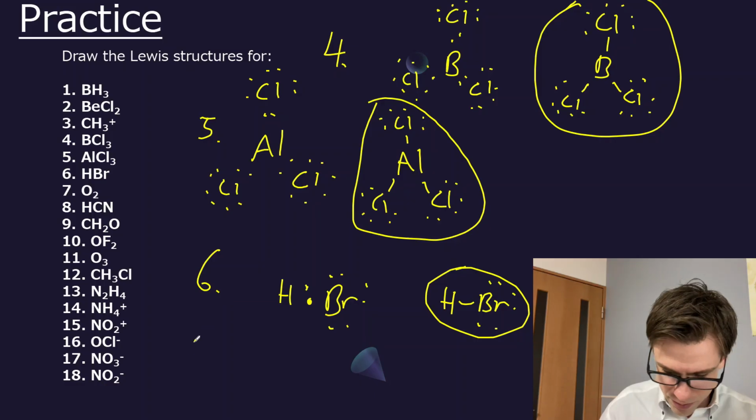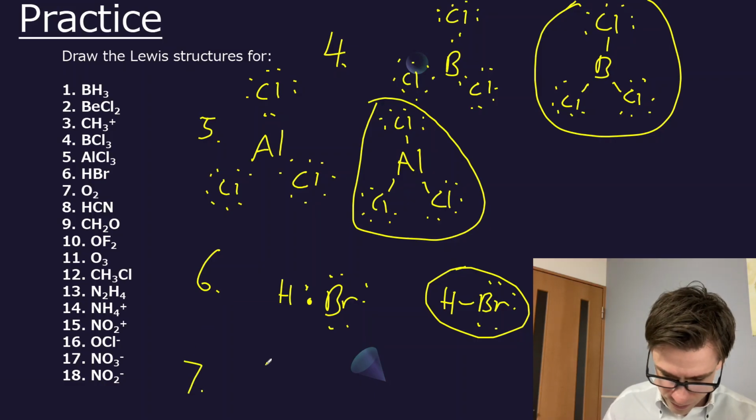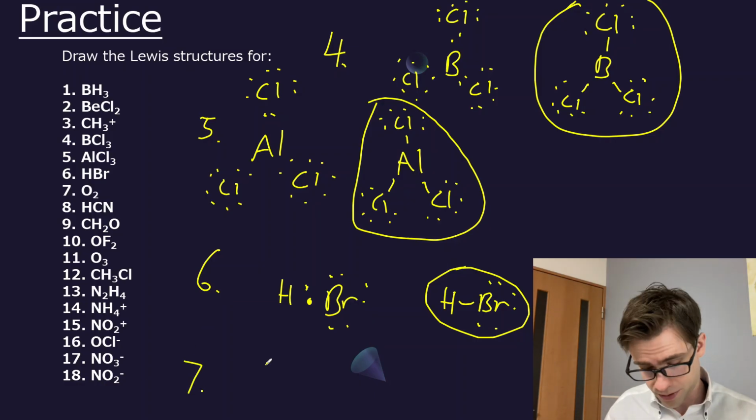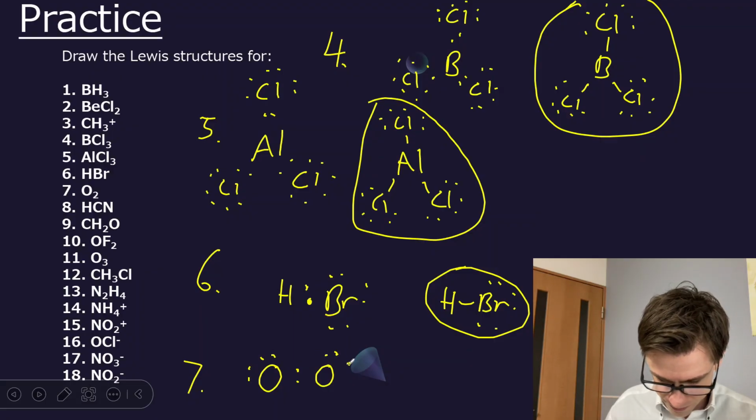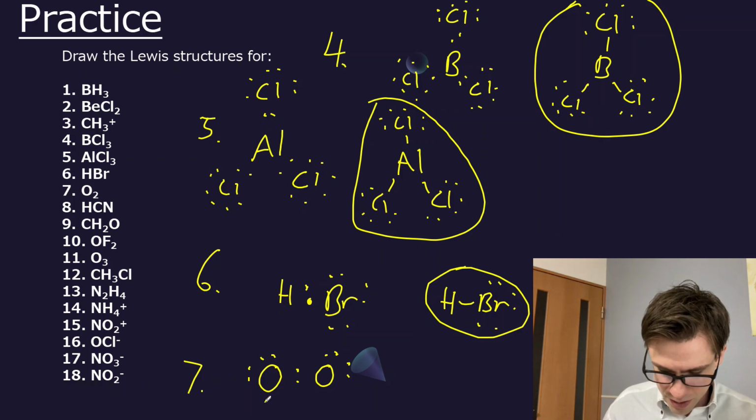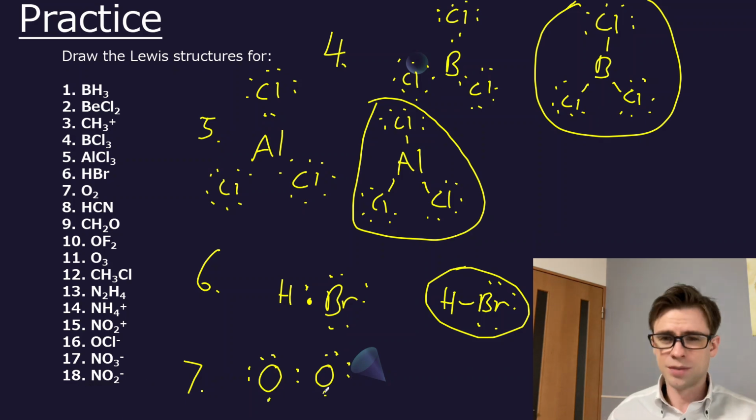Okay, number 7, O2. I think I've showed this on previous slides before, but you can have your O. Got to be at least one bond between O's here. Each one will then have two non-bonding pairs. And then they have an unpaired electron each. So this is unstable, not really a good form.